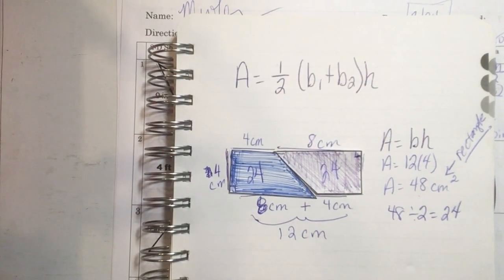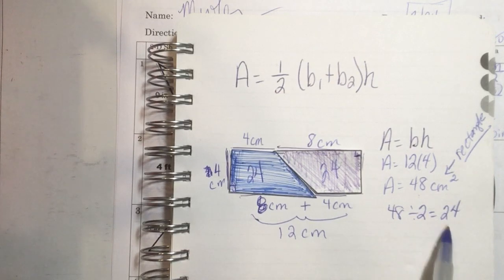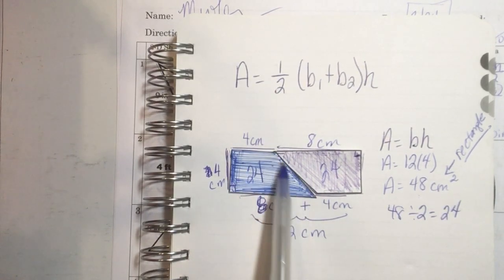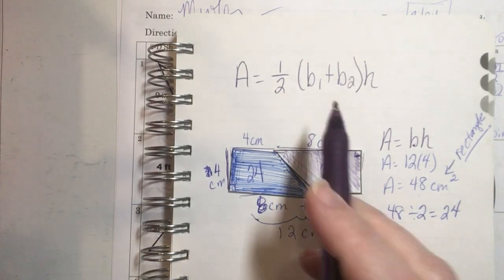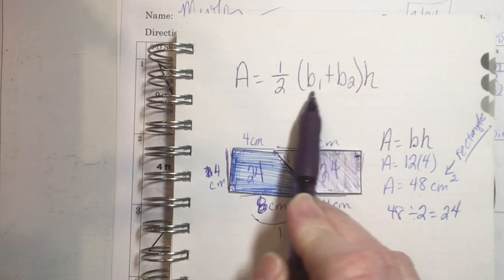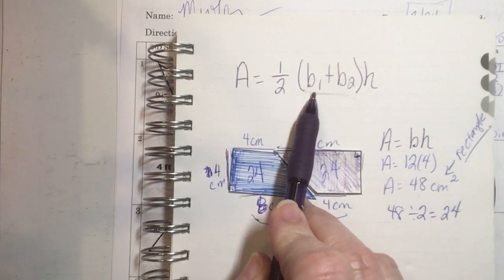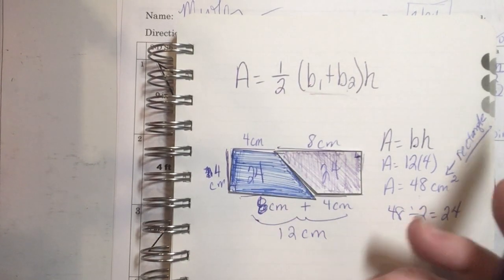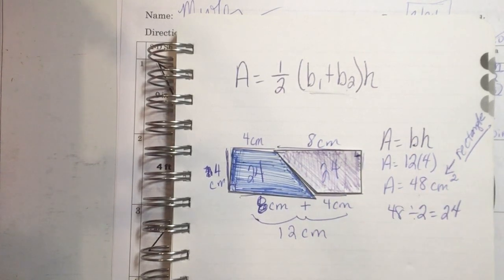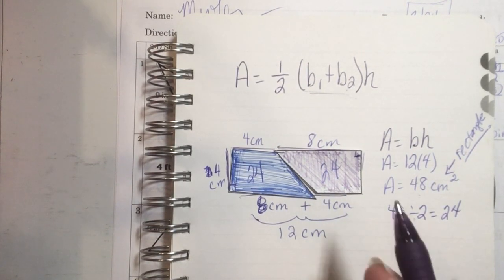Okay? So you can see where the half comes from because we have to divide the area of the rectangle in half. And I bet you can already see where we got what we have to add together. So this base 1 and this base 2 is just a way to write it so that you know you have to add two things together, right? So it's just a way to write it.